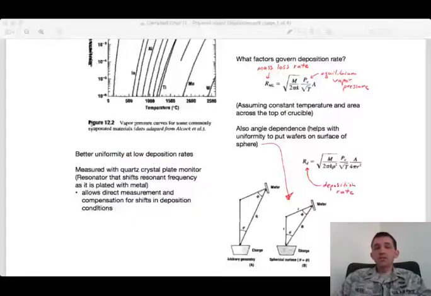And more often than not, that something will be the wall of the chamber or some other thing inside the chamber, or your wafer. And so when you're evaporating, you're kind of spraying out metal atoms everywhere, and they're just landing wherever they land and forming a film. So you cover everything inside the chamber when you evaporate metals.